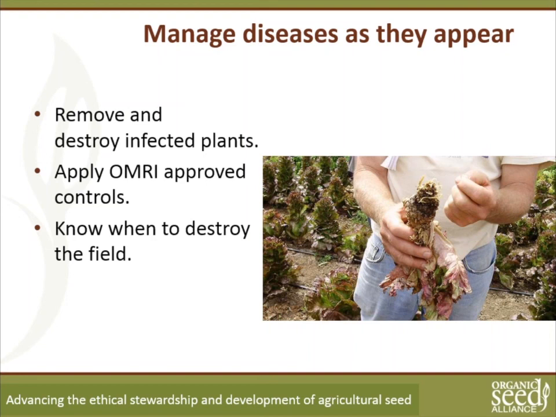There are many OMRI-approved controls, so these are fungicides and things that can control bacterial diseases that are approved for use in certified organic operations. So understanding what those are and how to use them is going to depend on where you are and what crop you're growing.